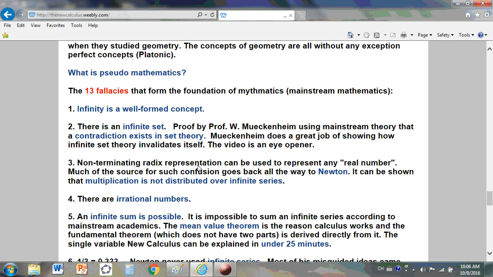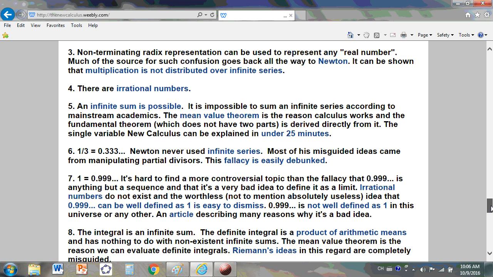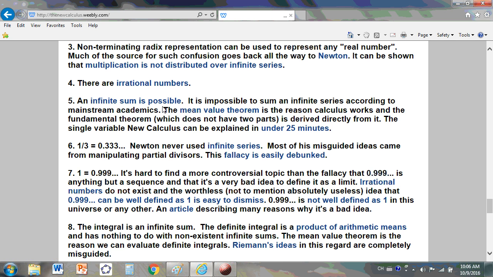Non-terminating radix representation cannot represent any real number, because real numbers do not exist. There are no irrational numbers. That's a fallacy. No infinite sum is possible. This here is not true. It's nonsense. Newton never used infinite series, he used partial sums.